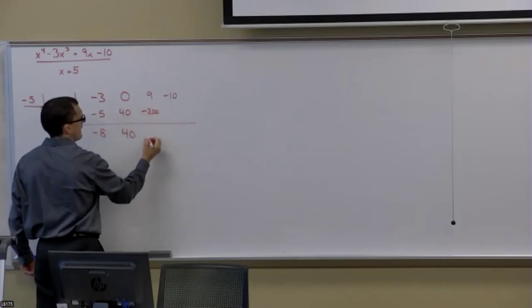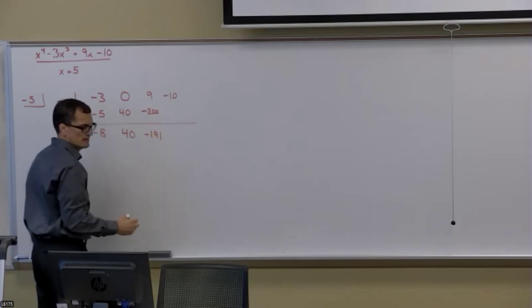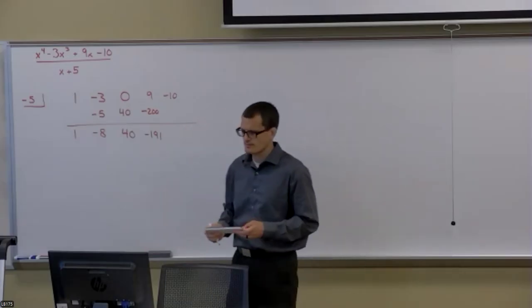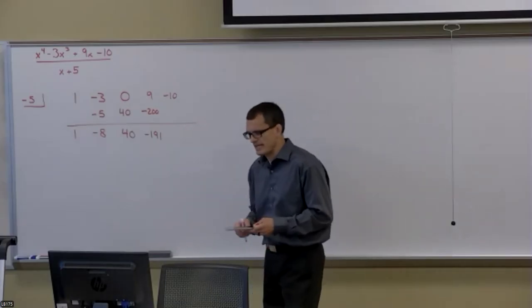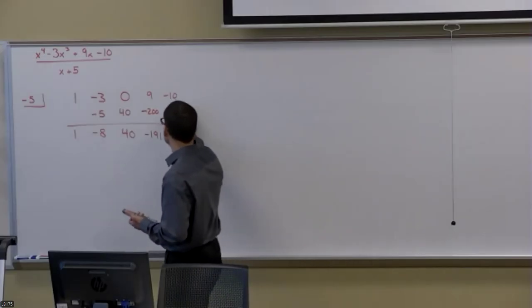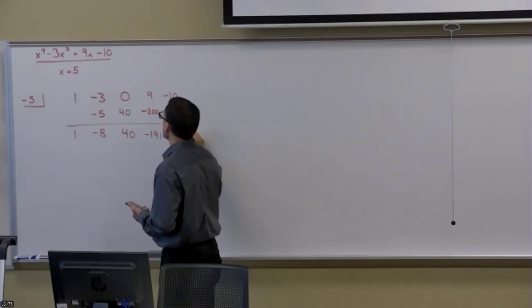When I add 9, I get negative 191. If I take negative 191 times negative 5, I get 955. Add those two up, I get 945.